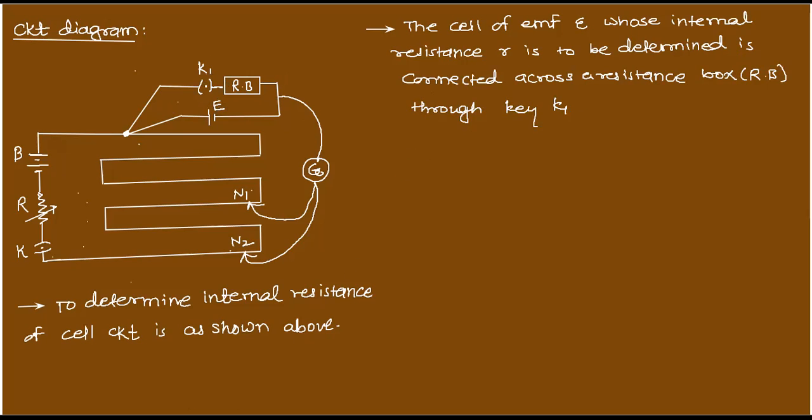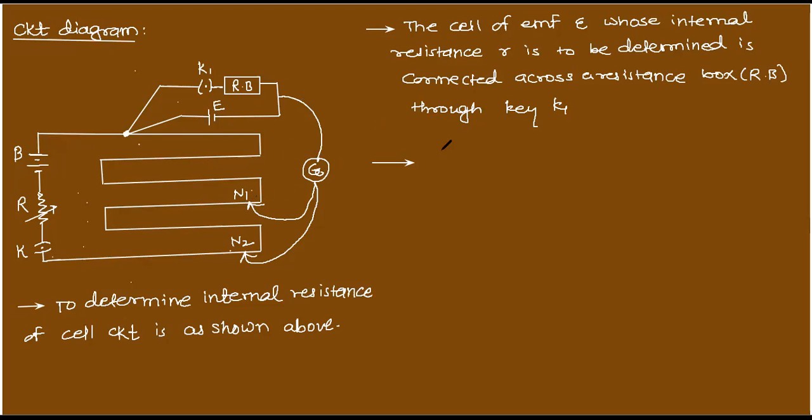Now see, next point. When this K1 is open, what is the case? When this K1 is open, this is not in the circuit, then only current is flowing through this, right?